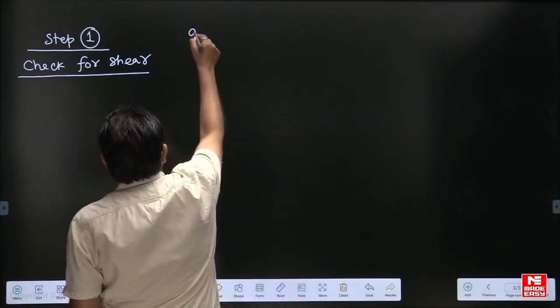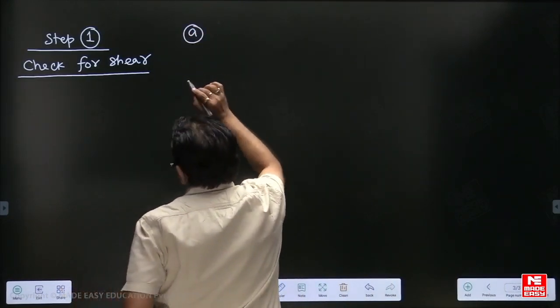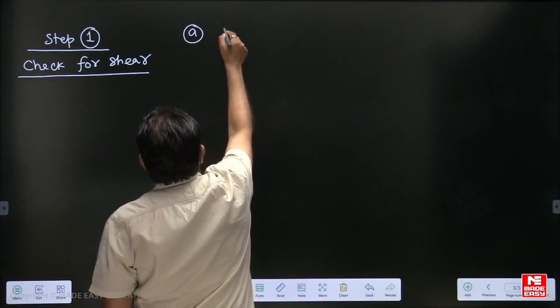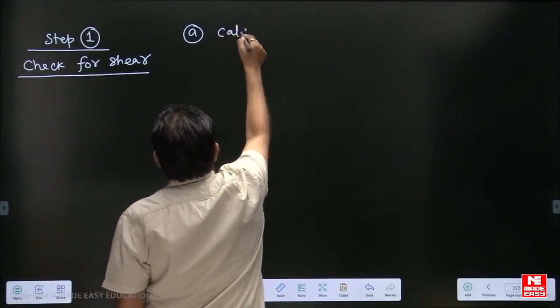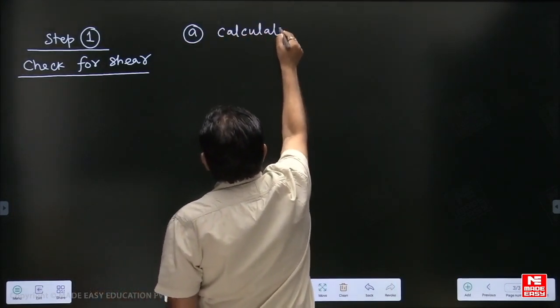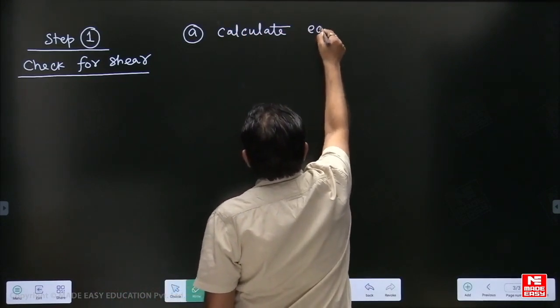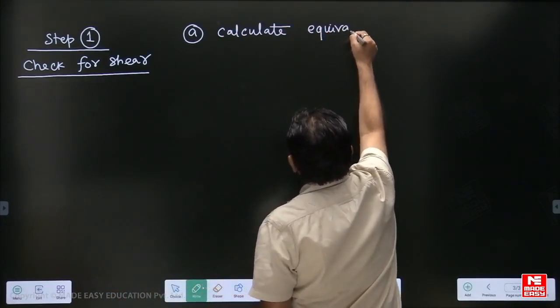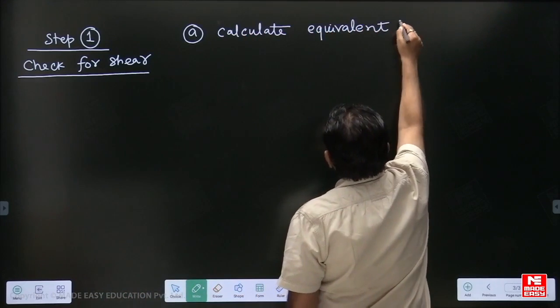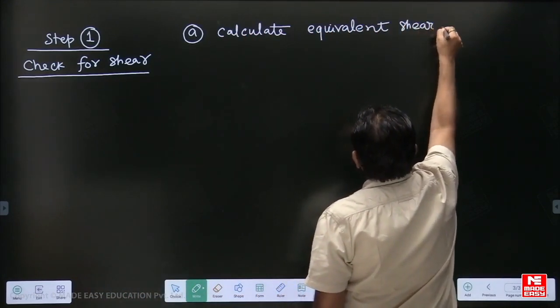First of all, the code suggests that we calculate an equivalent shear force, including the effect of torsion.